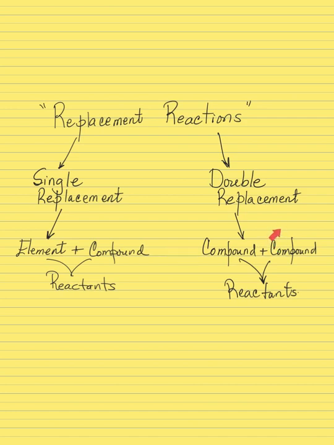Do you have an organic material burning in the presence of oxygen? No. Do you have a hydroxide? Do you have a carbonate? No. Iron reacting with hydrochloric acid: you have an element reacting with a compound. So the moment I give you the reactants, you're going to be able to identify it's a single replacement reaction.